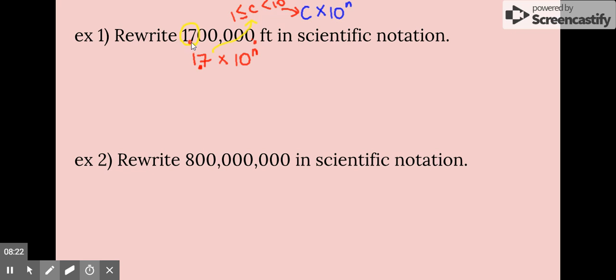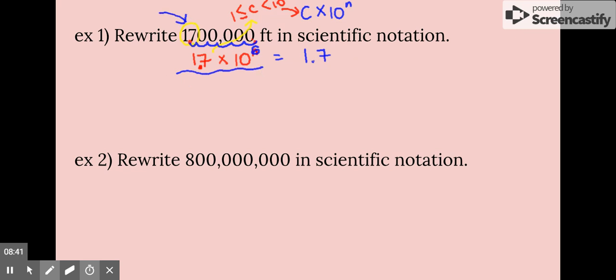So let's move 1, 2, 3, 4, 5, and 6. If you multiply by 10 to the 6th power, you will get this number. So this is a scientific notation, and this is a standard notation.